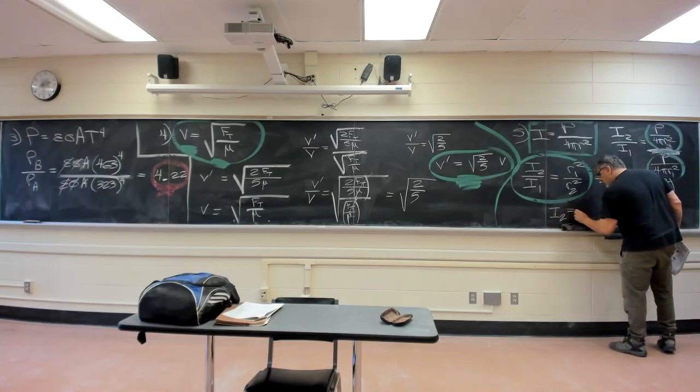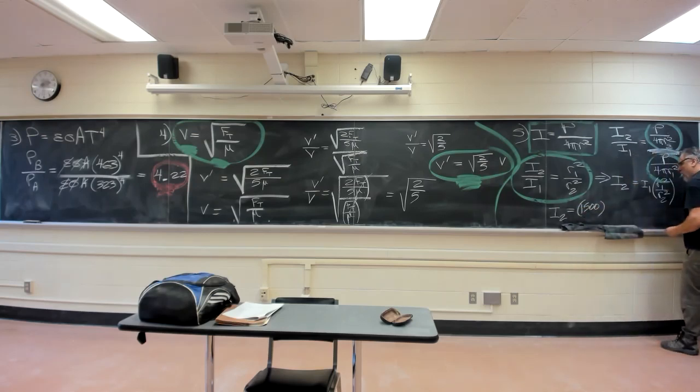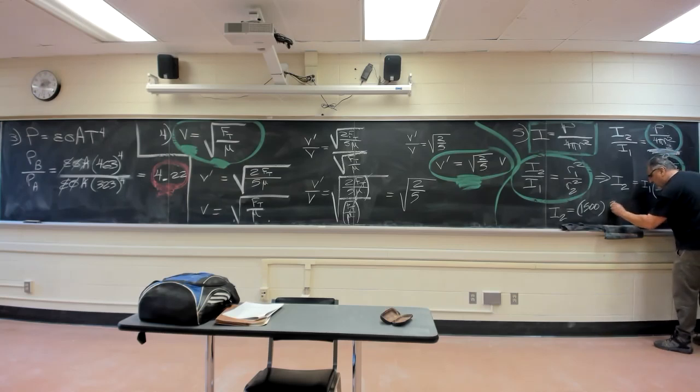Well, it means I sub 1, the original, is the 1,500 we were talking about. The R1 was 20, so we're going to square that. The R2 is 9, and we're going to square that.